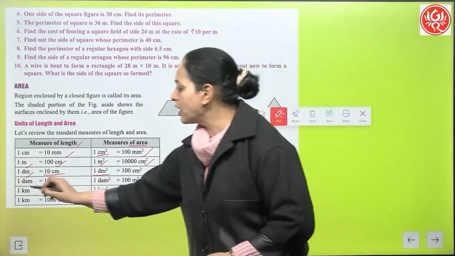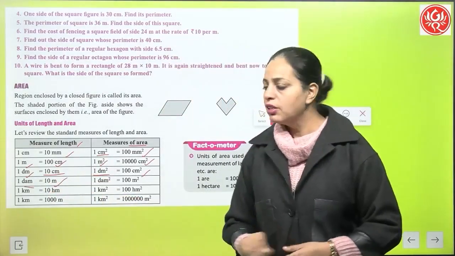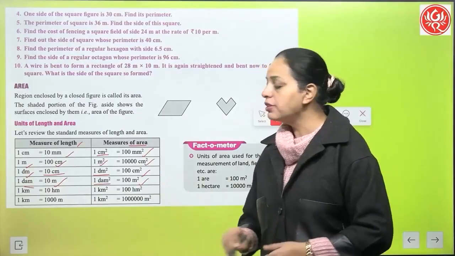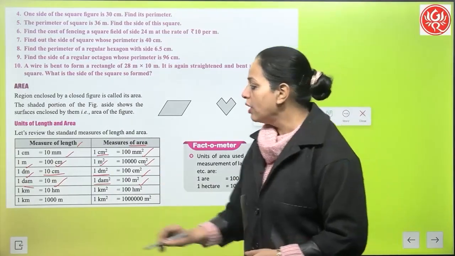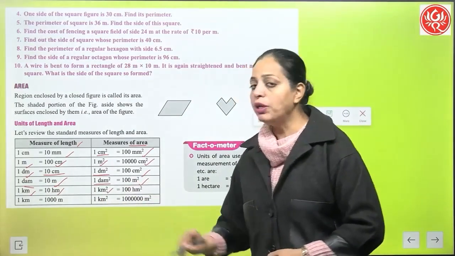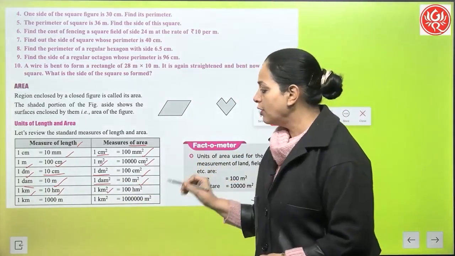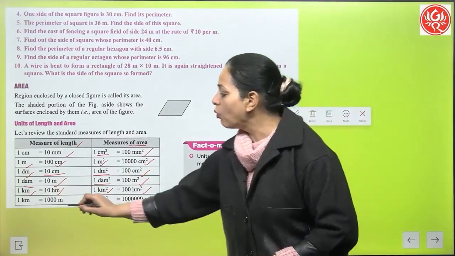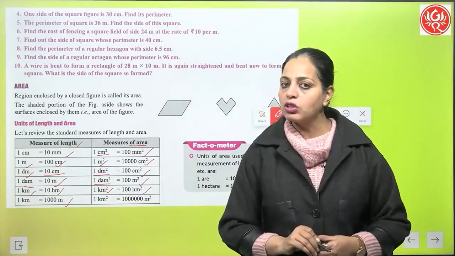Right. Now 1 decameter equals 10 meter. So 1 decameter square equals 10 into 10, 100 meter square. Okay. Now 1 kilometer equals 10 hectometer. So 1 kilometer square equals 10 into 10, 100 hectometer square. Right. Now 1 kilometer equals 1000 meter.